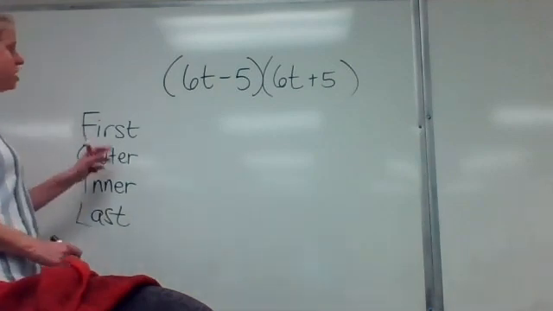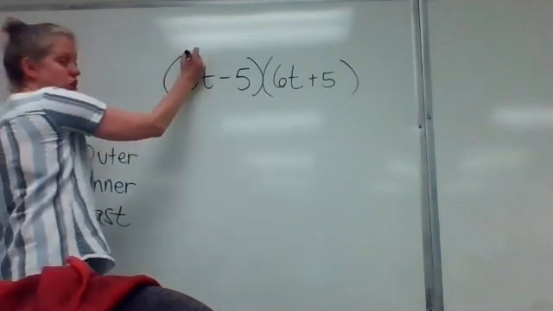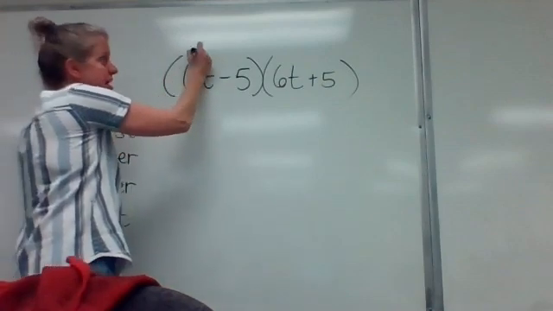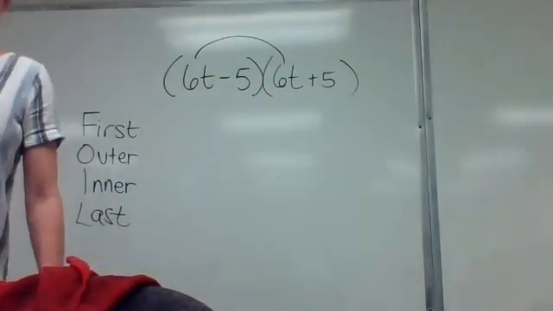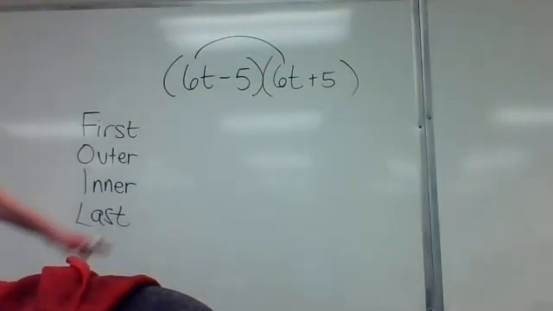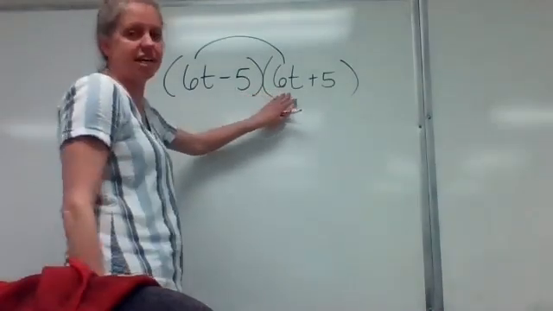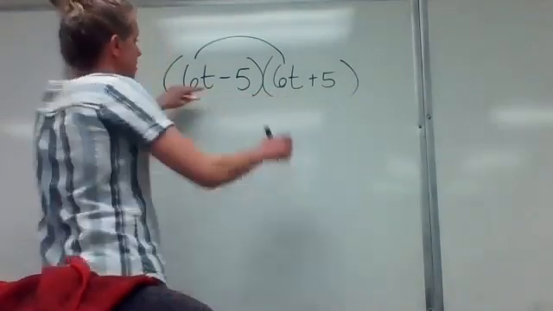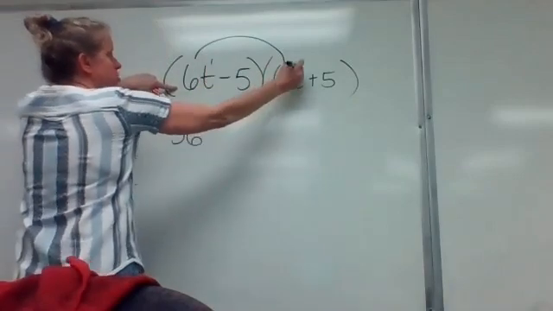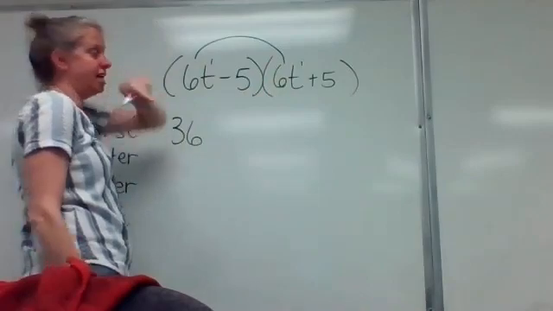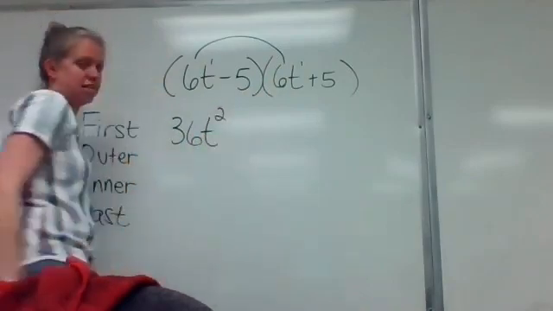First, outer, inner, last. What does first mean? It means the first term in this parentheses times the first term in the other parentheses. So let's do that one. You've got 6t times 6t, which gives me 36. Now remember, I'm multiplying t's, which means I need to add their exponents, so that's going to give me t squared.